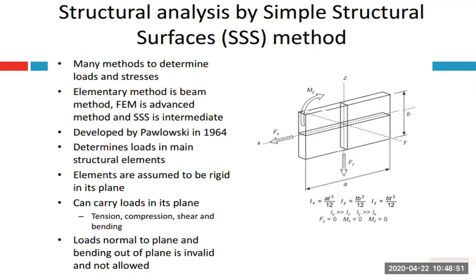If you want to analyze the structural performance using the SSS method, this is what you need to know. The advantage of the simple structural surface method is that your calculations are easy, not as complicated as FEM, but not as simple as the beam method.